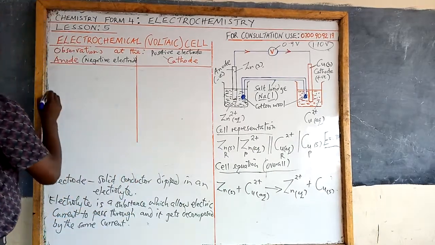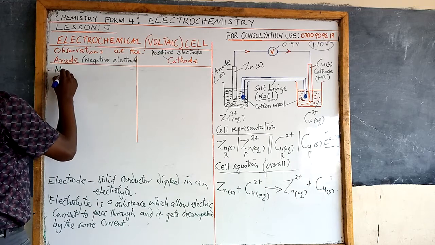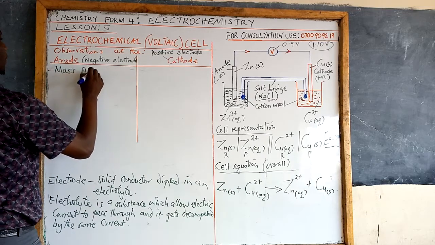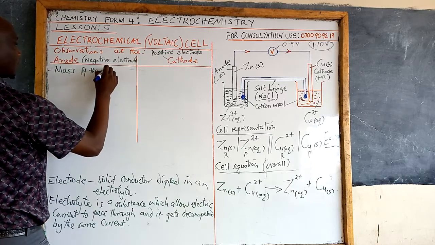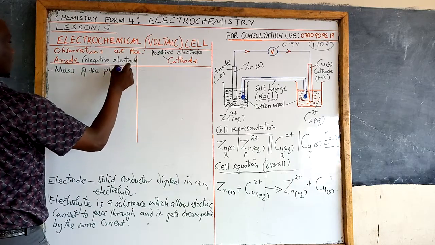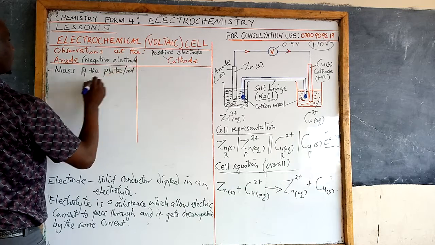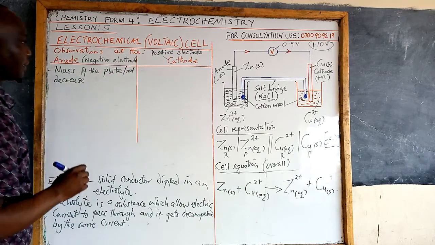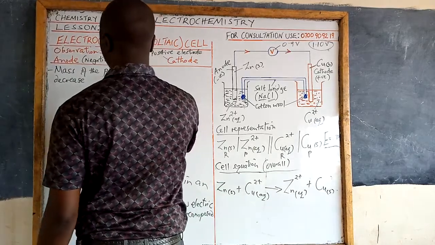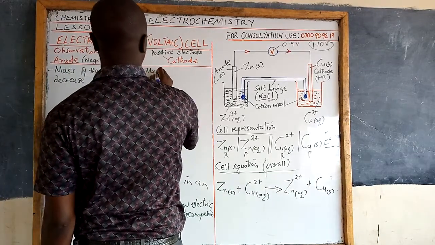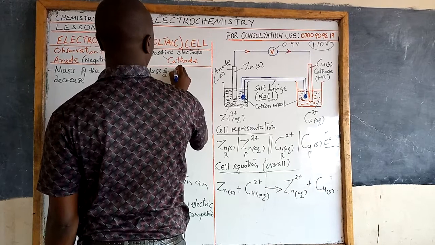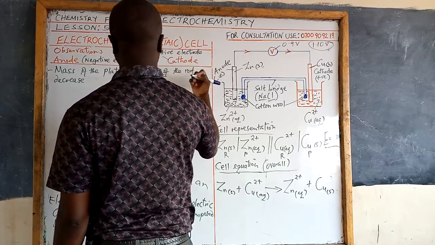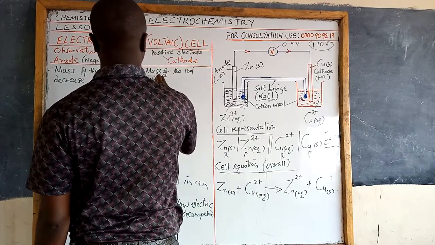The observation is that the mass of the plate, or the rod if you use a rod, decreases. Here at the cathode, the mass of the rod or the plate, depending on what you use, increases.